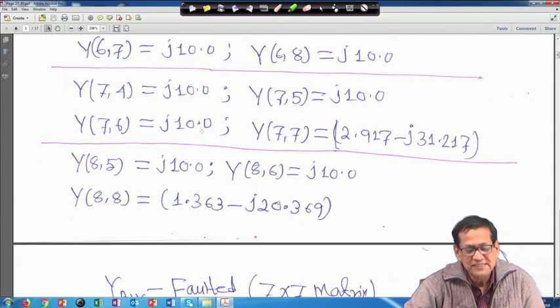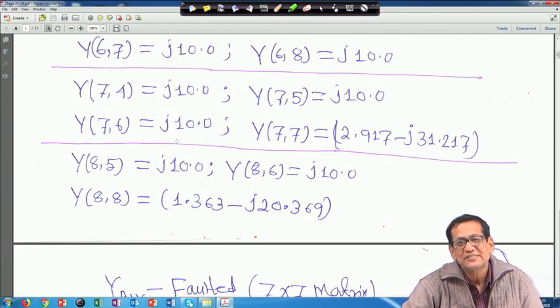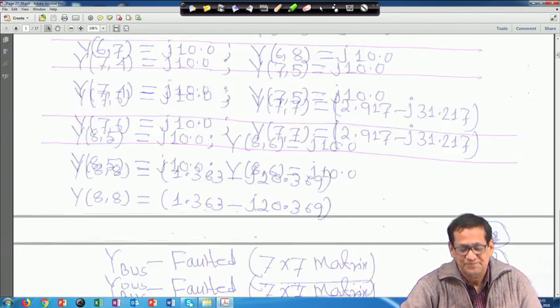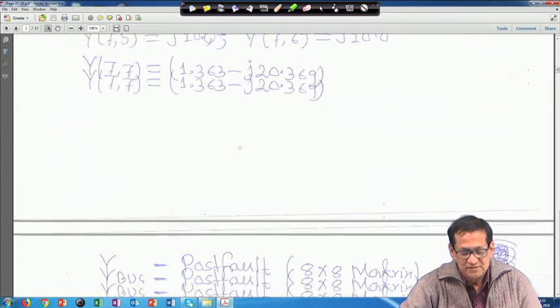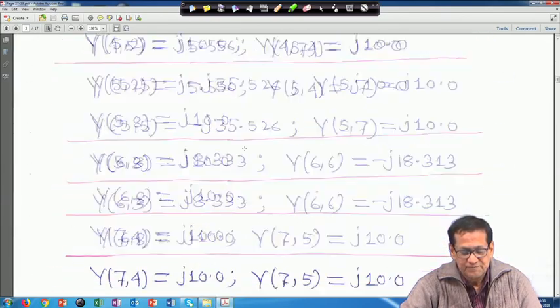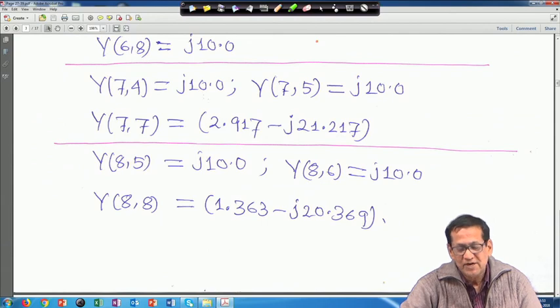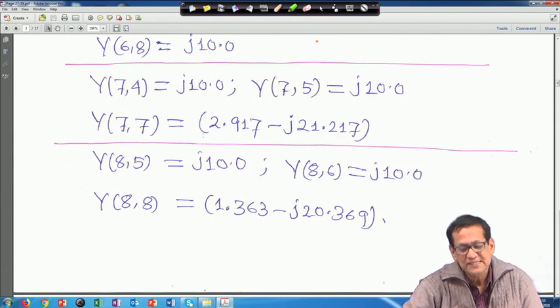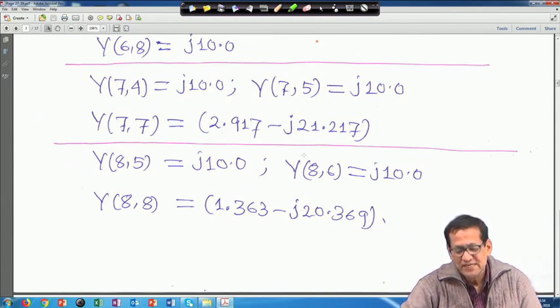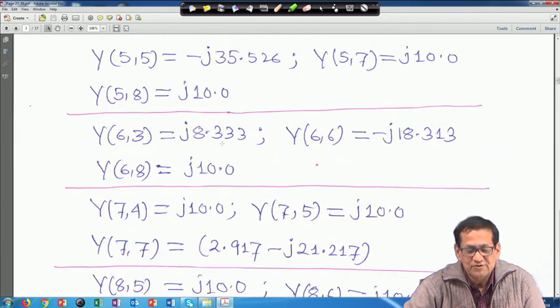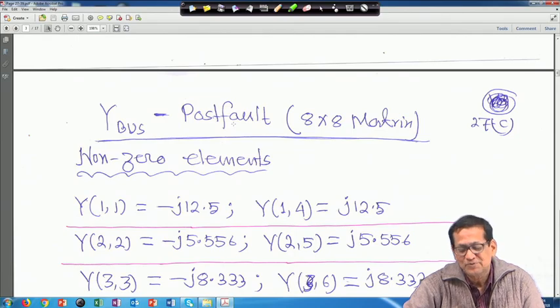When the fault was cleared, line 7 to 6 was removed, it is open. That is why in the faulted matrix 74, 75 and 77 are there, and y 85, 86, 88 are there. So this is your post fault matrix.